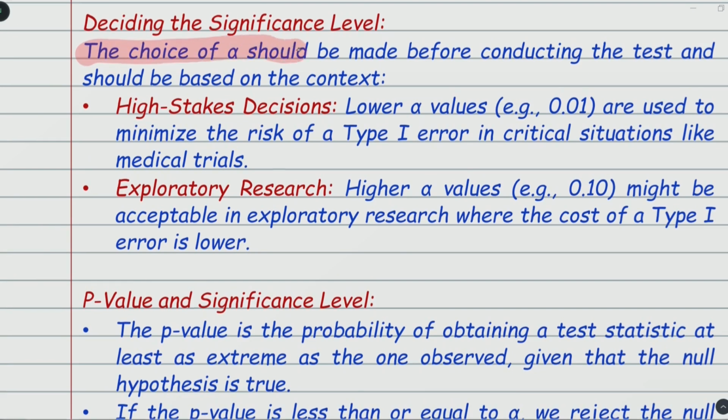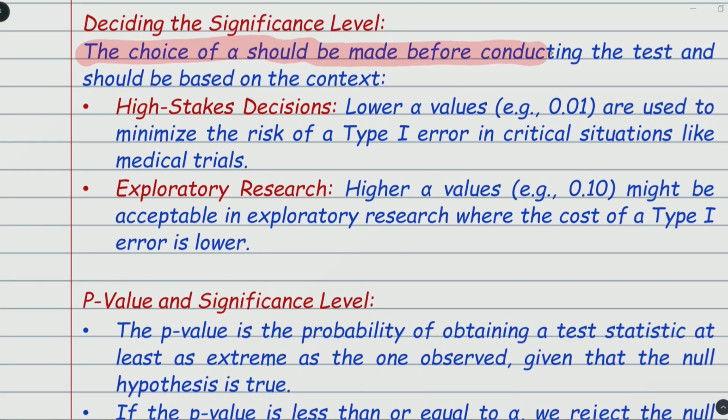The choice of significance level should be made before conducting the test and should be based on the context, high stakes decisions and exploratory research. If it is a high stakes decision, lower alpha values, for example 0.01, which means just a 1% significance level, are used to minimize the risk of type 1 error in critical situations like medical trials.